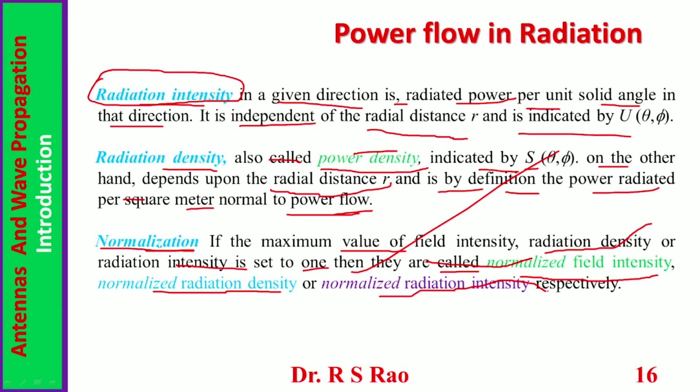We come across normalization in transmission line theory also, but there normalization means referring impedances relative to the characteristic impedance of the line. Here it is different. In antenna theory, normalization means setting the maximum value to 1.